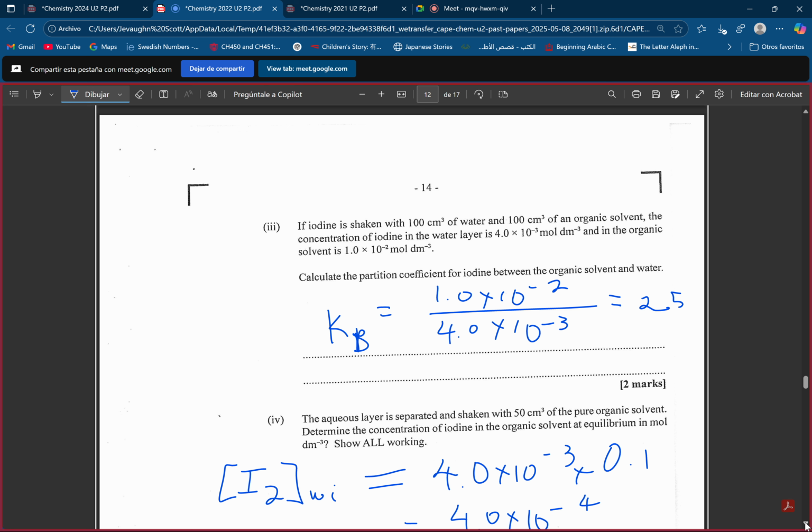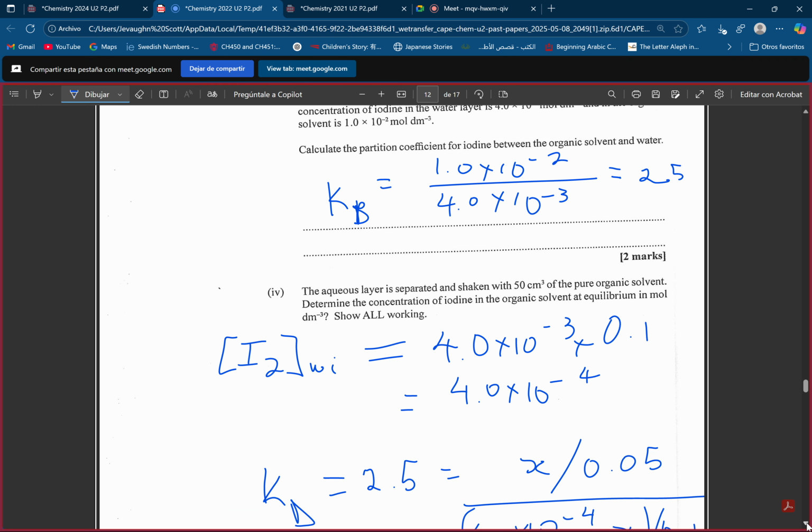So use fresh organic solvent now. What we're called to do now is determine the concentration of iodine in the organic solvent at equilibrium, in mole per dm cube. So we're trying to figure out how much is dissolved there.